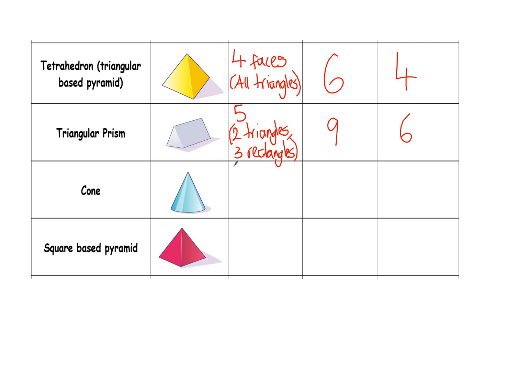A cone has 1 flat face, which is the circle at the end, and it has 1 curved surface. It has 1 curved edge along the bottom here, and it has 1 vertex at the top here.